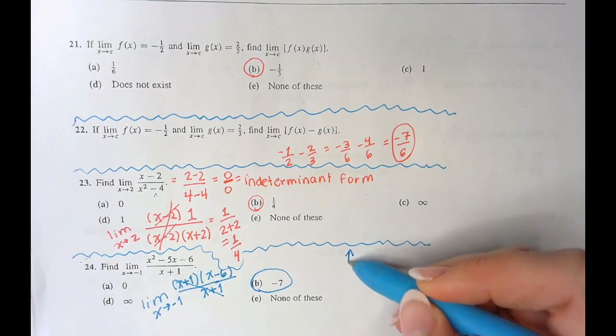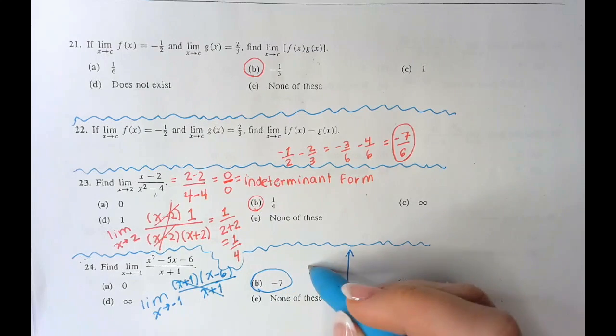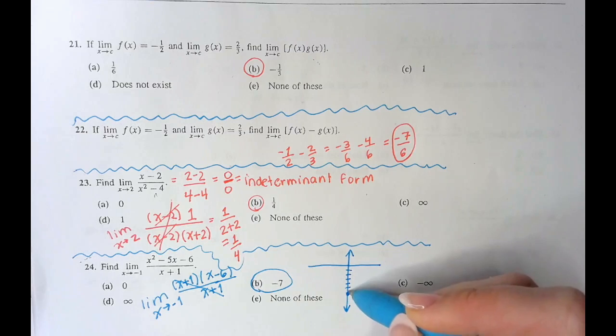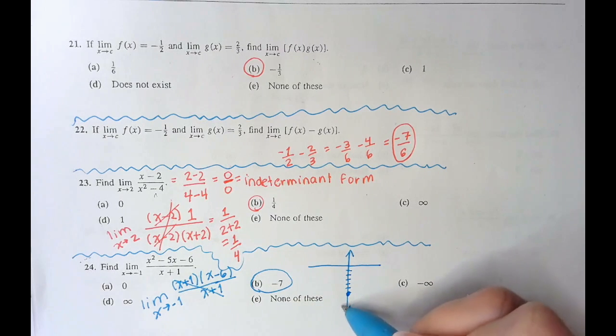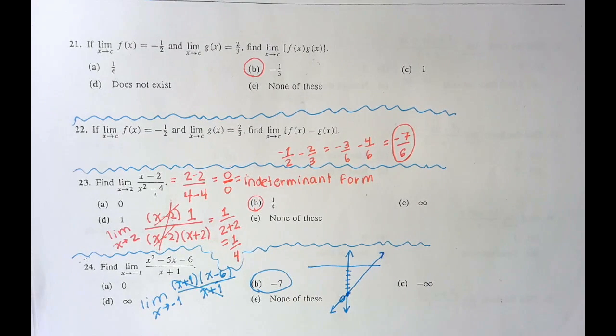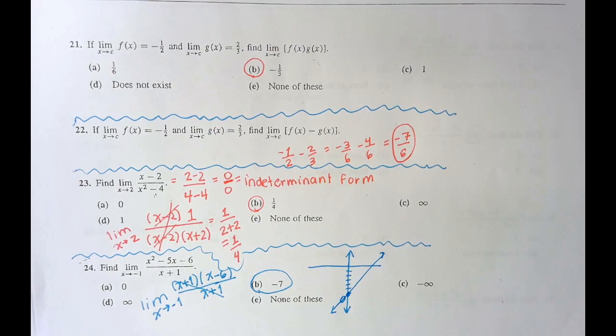I'm not going to do one of my full-blown graphs over here, but x minus 6 is 1, 2, 3, 4, 5, 6. Here's -6, and the slope is 1. So the graph looks like that. Before I fixed anything, I had a hole right there at -1. The slope's 1, so at -1, comma, -7, right over there.